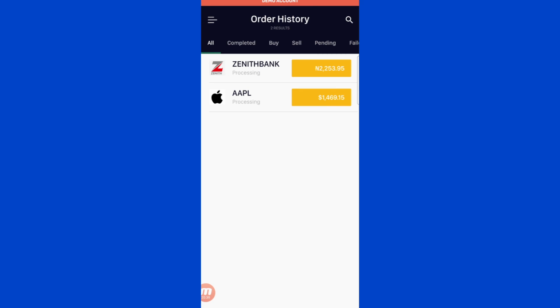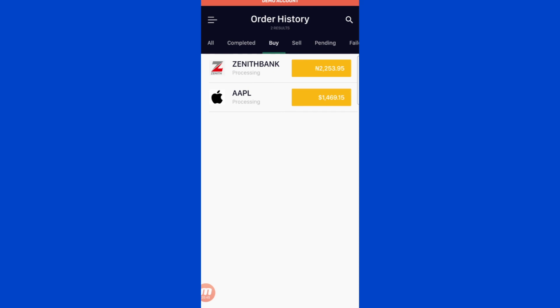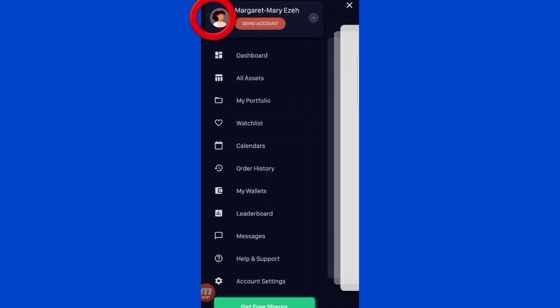That's why you can see them here. You can see that we have no completed transactions. We have just 2 buy transactions, no sell, 2 pending. So basically very accurate data here.